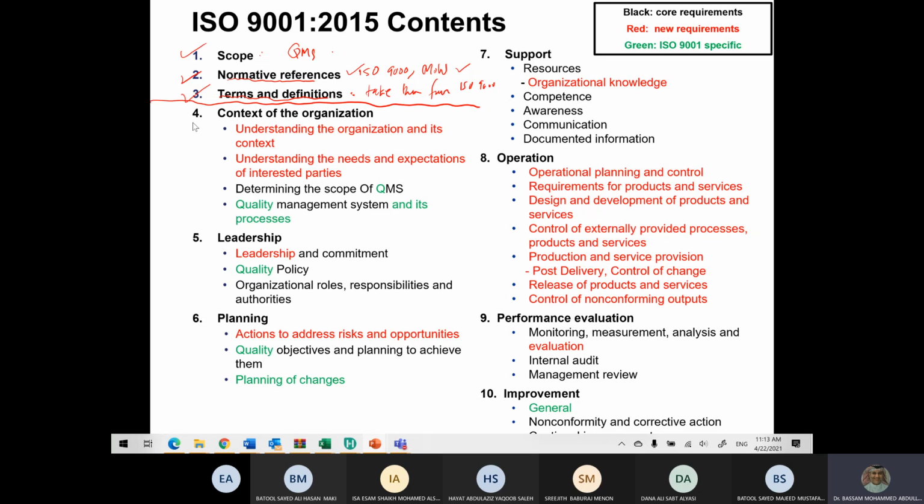They start from number 4. Now, just to have a look at all of those standards, we need to understand the structure, the hierarchy, the skeleton of the standard.